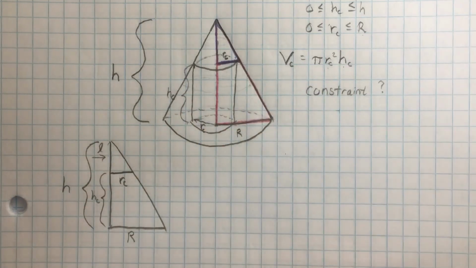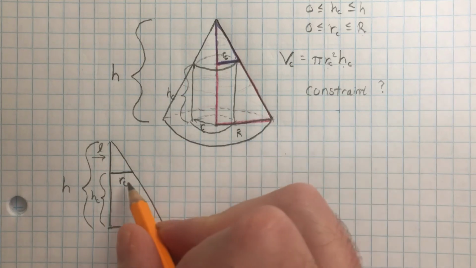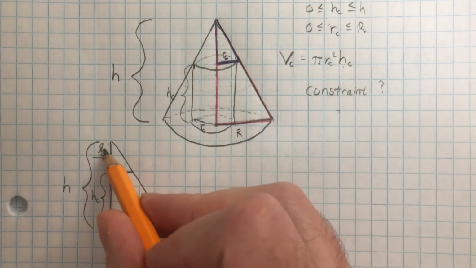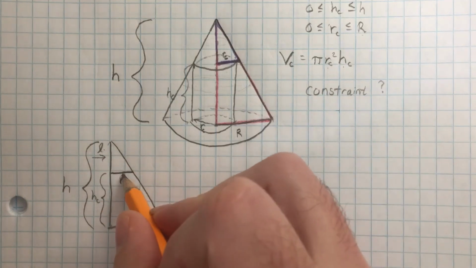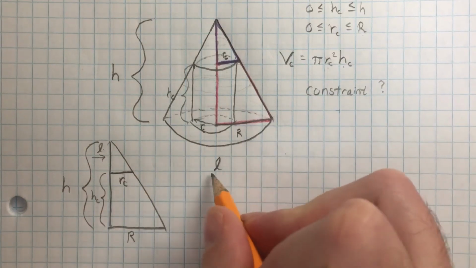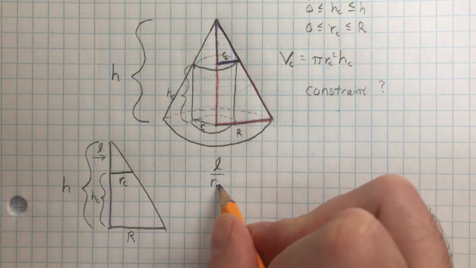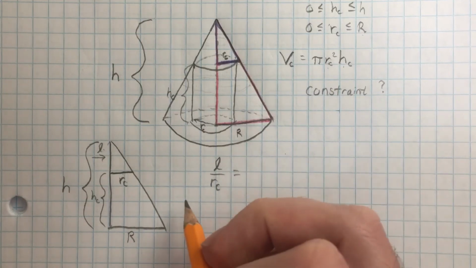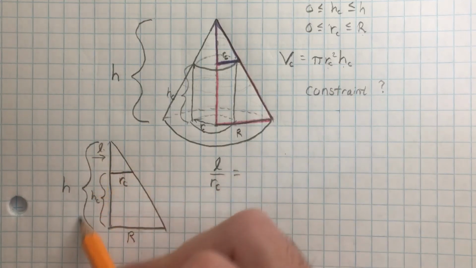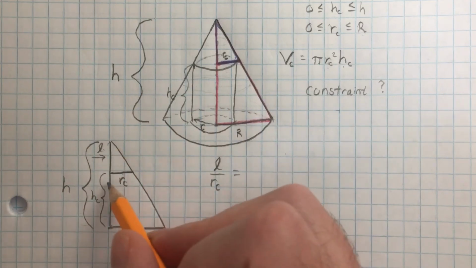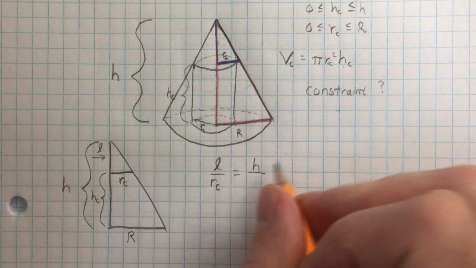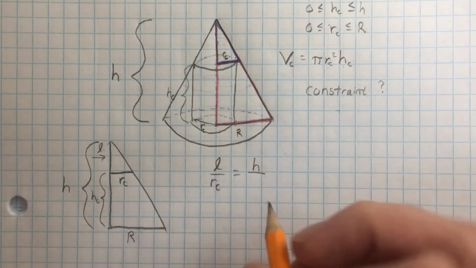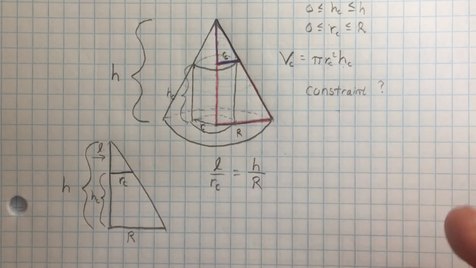So by usual proportionality of similar triangles, it must be that L is to RC, this length to this length, is the same as the larger triangle's left leg here, which is h, to the base, capital R. So that's true.